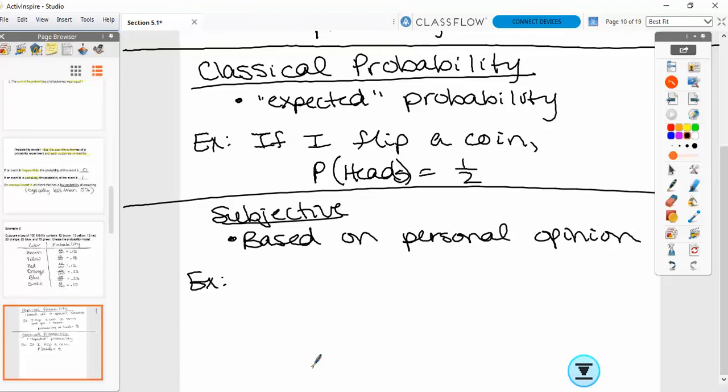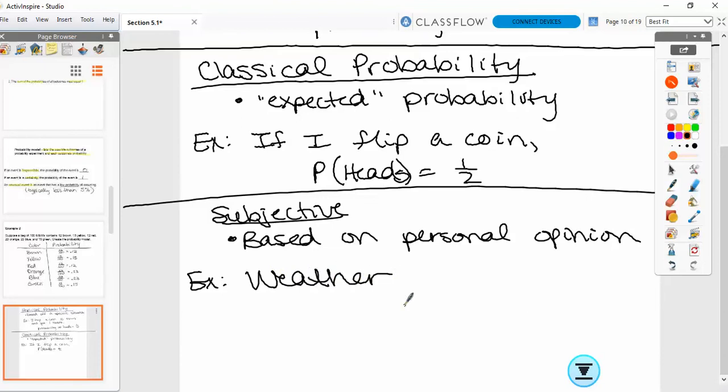It might be like if I'm saying, well, based on how my students have done in the past, I expect the average test score to be an 85%. Is that actual data, like right now I'm taking your average test scores? No, it's based on my personal experience and it's my opinion. So subjective, something like the weather.